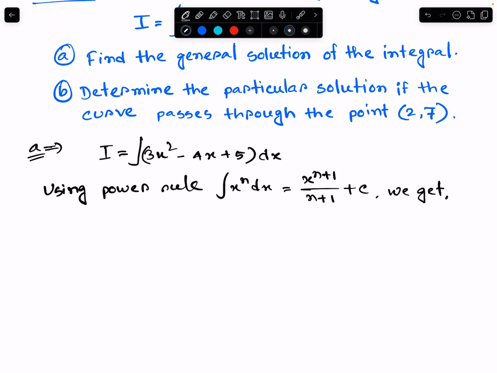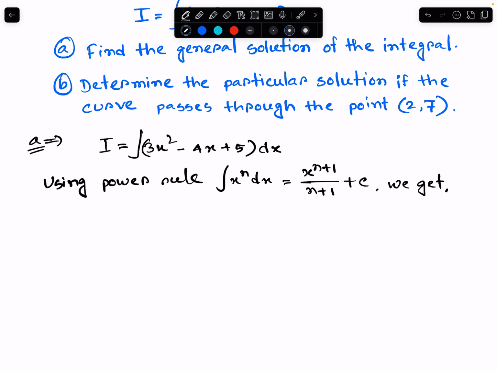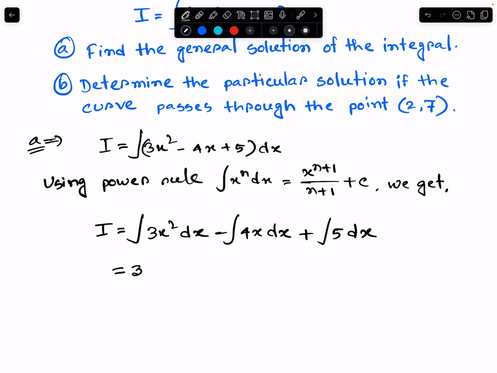So I'm going to integrate each part separately. So I is equal to the integration of 3x squared dx. When we integrate each part, we must write dx for every part, right? Here, 3 is the coefficient, so we will keep it as it is.